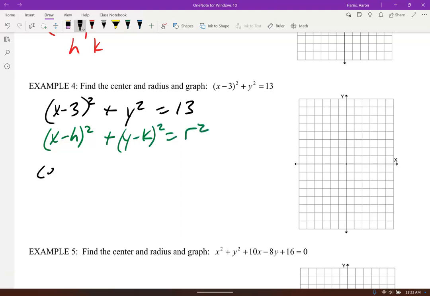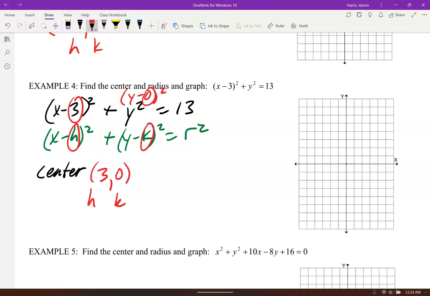Let's start with our center. And what's our h, k? So the h is 3 here, x minus h, so x minus 3. So the center is h, k, 3, comma, and then the k would be y minus 0, so the k's got to be 0. 3, 0, right? So 3, 0 is your center, 1, 2, 3.